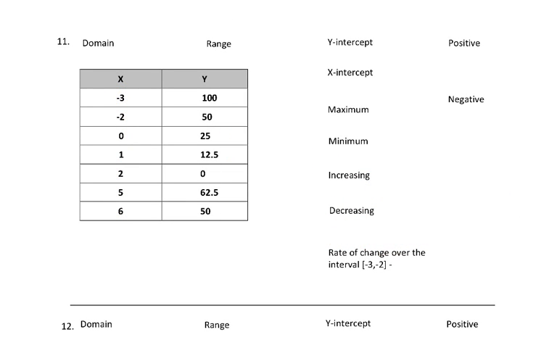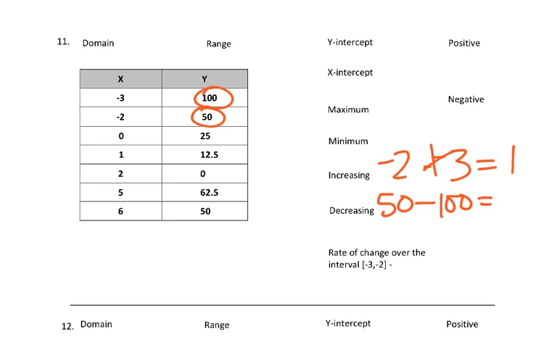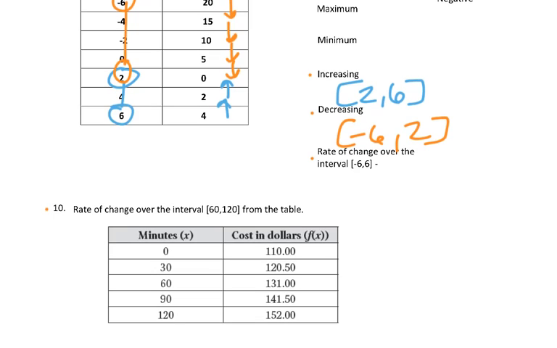Okay, so they can be vastly different depending on where in the interval we're doing it. All right, so let's take a look at this one. So negative 3 to negative 2. So negative 2 minus negative 3, it's like plus, gives me a positive 1. Okay, so then negative 2 is 50, minus negative 3 is 100. So 50 minus 100 is negative 50, so negative 50 over 1, or just negative 50. So that rate of change is going down by 50. All right, we've got another table here.